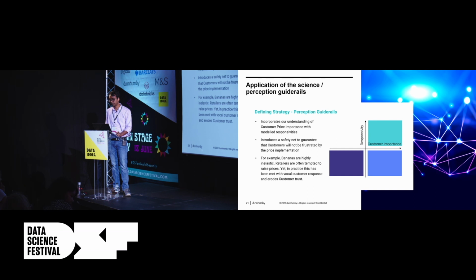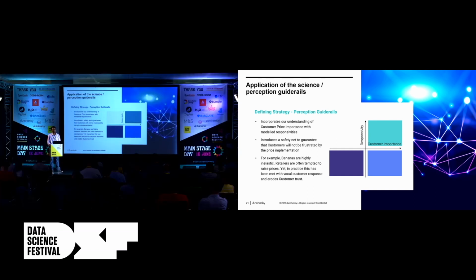So there's just one example I want to talk about. If we are only focusing on the recommendations from the demand model, we would have seen that bananas are usually very inelastic, which means that retailers are tempted to change the price of bananas. That happened in the past when retailers changed the price of the product, thinking that they are inelastic and the customers probably wouldn't react that much.